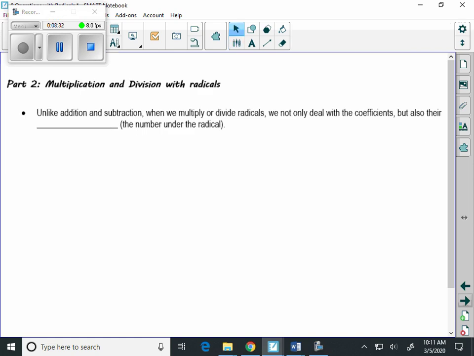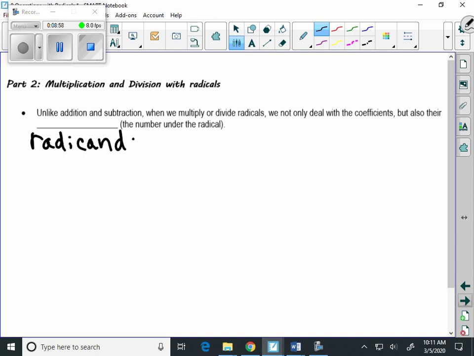But as you saw, because I got a little bit ahead of myself, we can multiply and divide with radicals. When we multiply or divide radicals, we're not only going to deal with the coefficients, but we are going to deal with their radicands, the numbers underneath the radical.